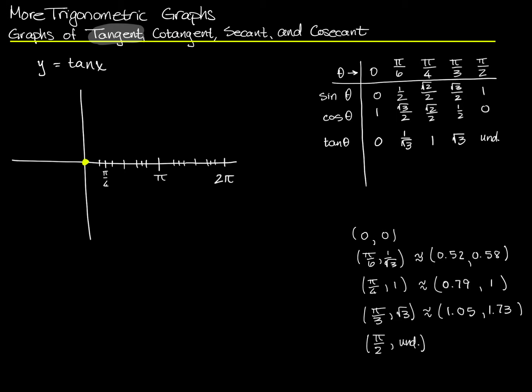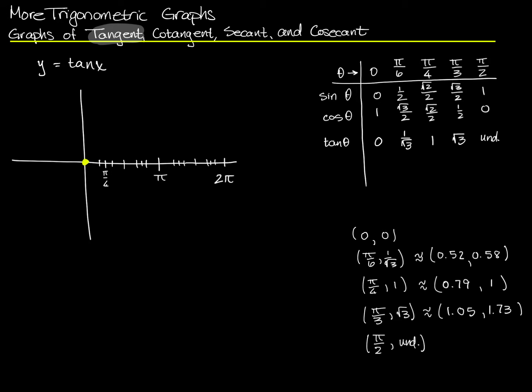So I just grabbed a calculator and figured out what pi over 6 was to 2 decimal places. Again, since I'm graphing and my pen is really much too big to do anything with any real accuracy, that's close enough. So to plot the point pi over 6, 1 over root 3, I'm going to go out to pi over 6, which is here, which is about 0.5, and up 0.58, or almost 0.6.